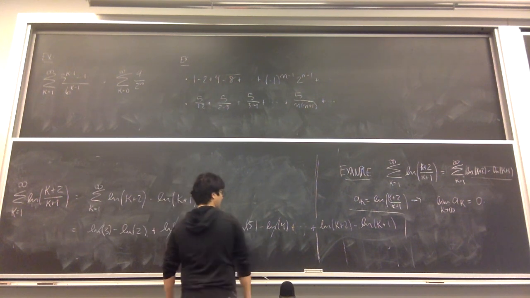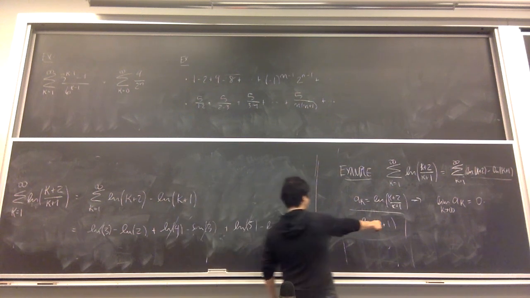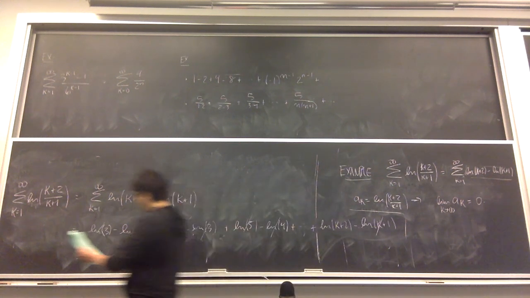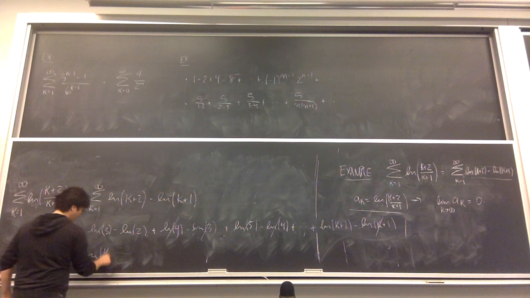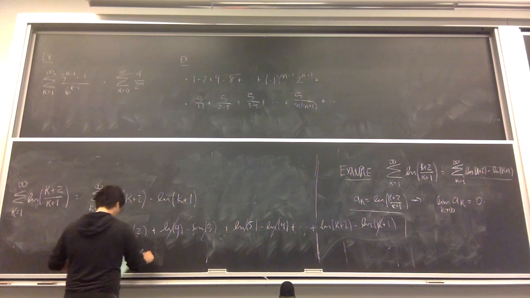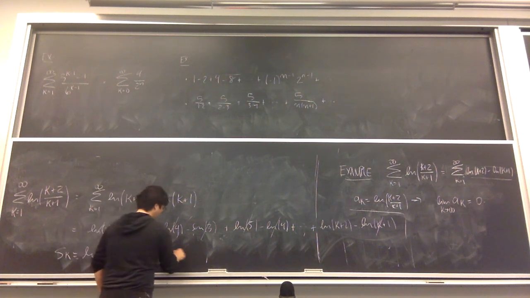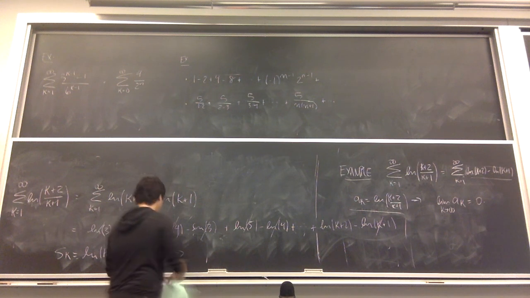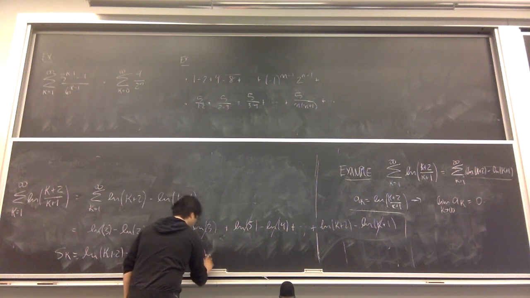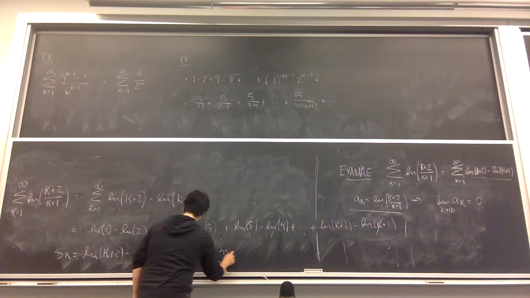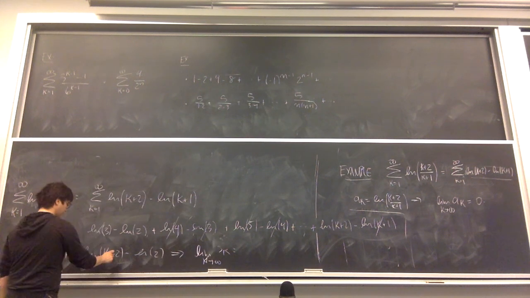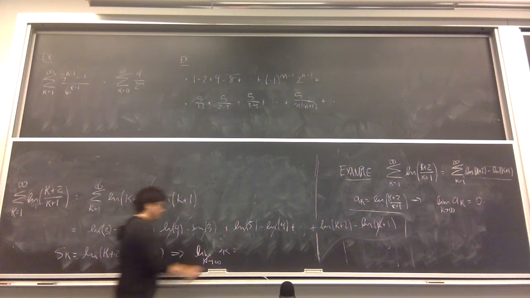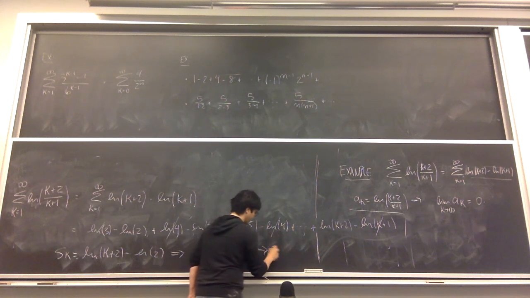The 5 is going to cancel eventually, and we end up canceling all the way to the end. So the kth partial sum is ln of (k+2) minus ln 2, which means that the infinite sum, when I take s_k to infinity, is infinity. So this is divergent.